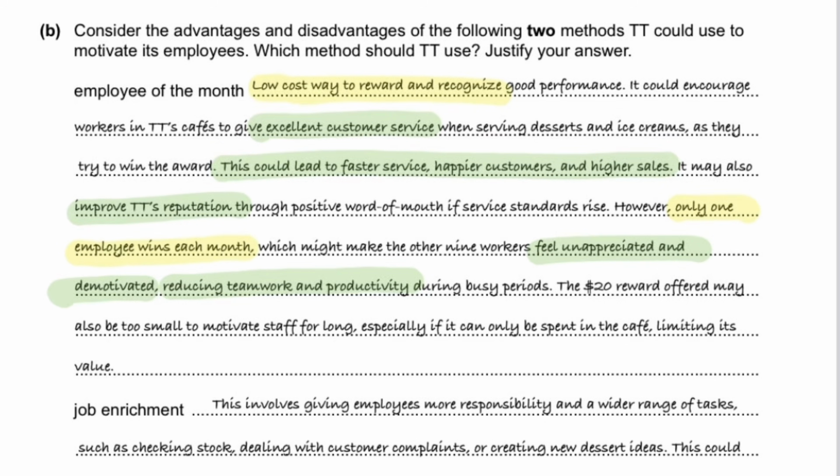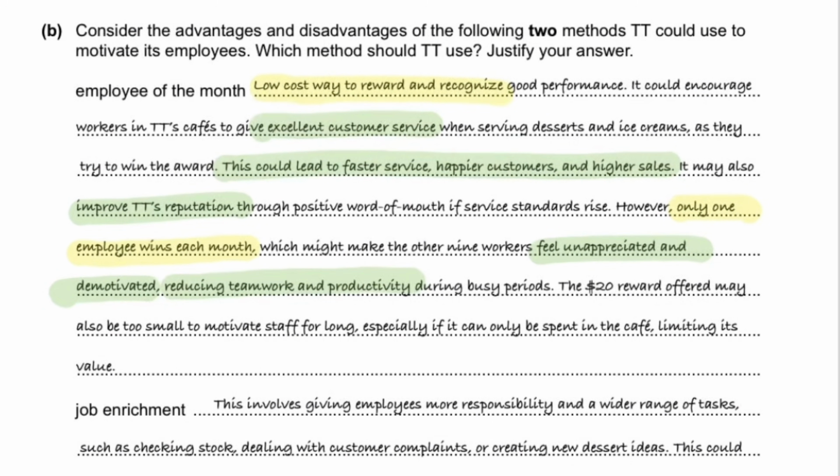This will result in giving excellent customer service, and this will lead to faster service, happier customers, and higher sales, which will improve TT's reputation. However, only one employee wins each month, and the other workers will feel unappreciated and demotivated, which will reduce teamwork and productivity during busy times.